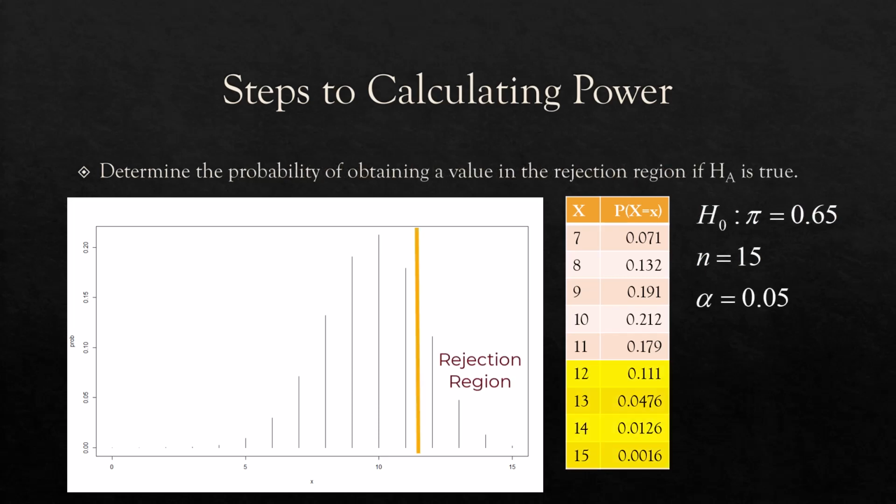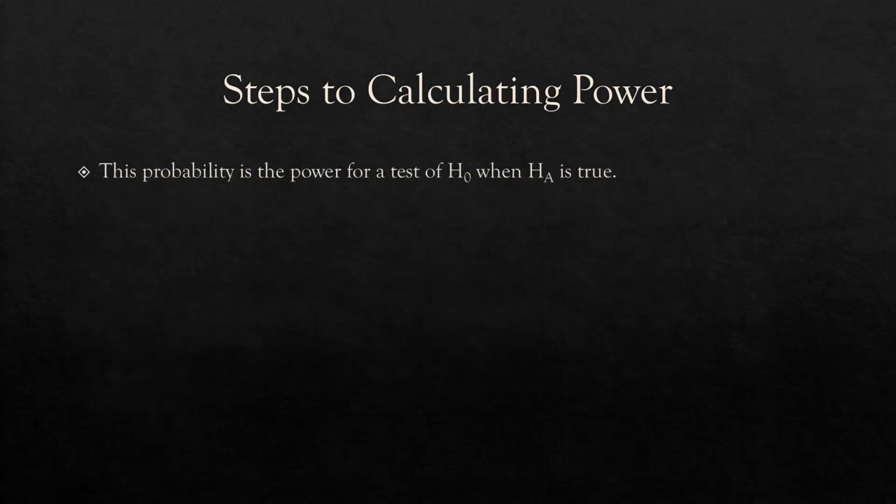So if we calculate the probability of getting 12 or more successes when pi is 0.65, that turns out to be 0.17. This probability is the power for a test of the null hypothesis when the alternative is true.